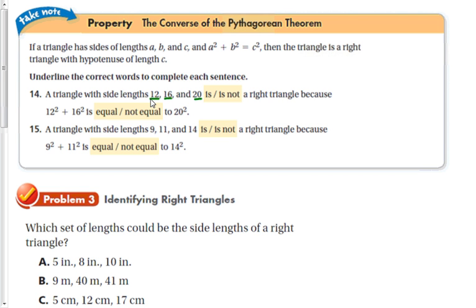And if we see that 12 squared plus 16 squared is equal to 20 squared, then it is a right triangle. So what we're going to do is 12 squared plus 16 squared, and see if that's equal to 20 squared. I'll let you go ahead and do that and fill in your answers, and you can check back.